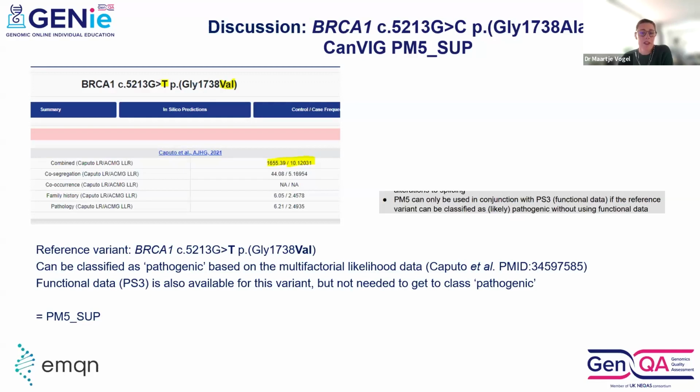And you can classify this variant as pathogenic based on this data without using the functional data for this variant. There's also functional data available, but we don't use it to reach pathogenic. And therefore, the conclusion is that we can use PM5 at level supporting for our variant under assessment. Next slide, please.